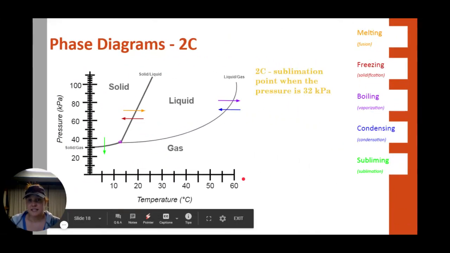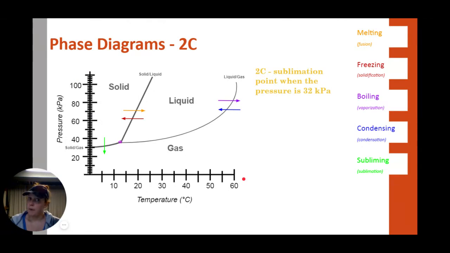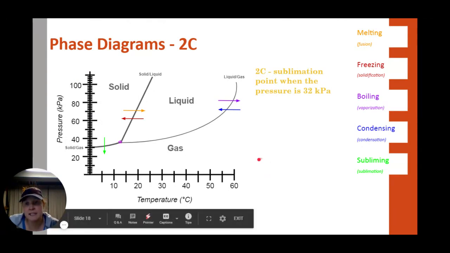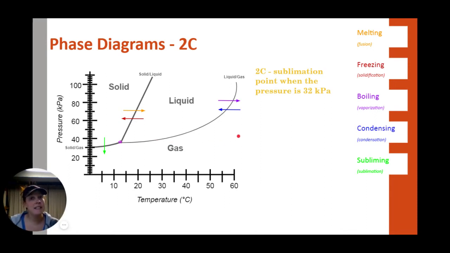Question 2C asks us to estimate the sublimation point when the pressure is 32 kilopascals. Okay, so again, sublimation is going from solid to gas. It's very unusual. It's like dry ice sublimation, to sublime. So we're going from solid to gas, and we're going to be at 32 kilopascals, which is about here.